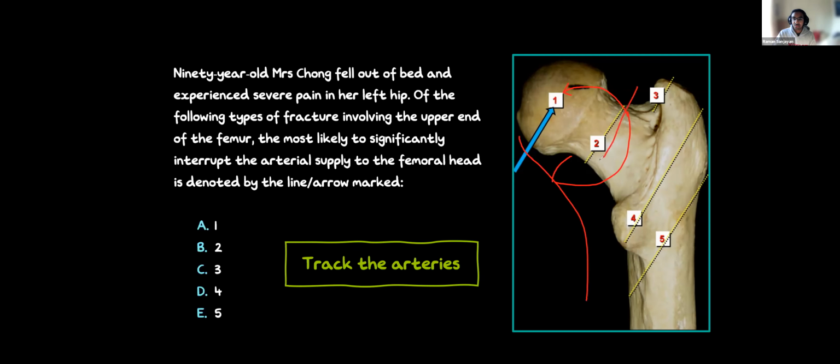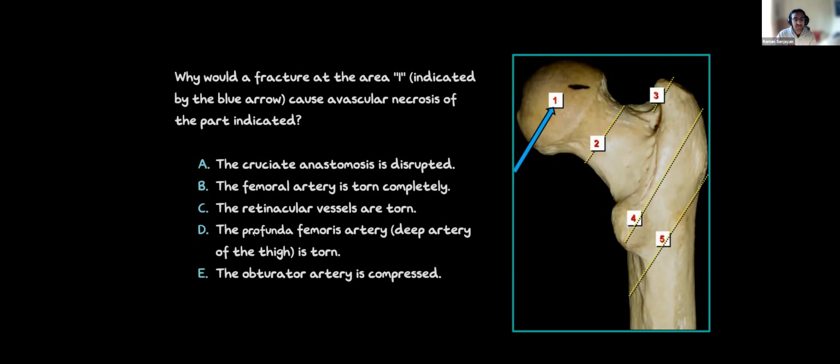So naturally, if you have a fracture here, blood supply to the femoral head is going to be cut off. So the answer would be the femoral neck fracture there at 2. Again, high yield point, the circumflex arteries, and just a small note, nothing too important, the medial circumflex artery supplies the majority, but that'll come up.